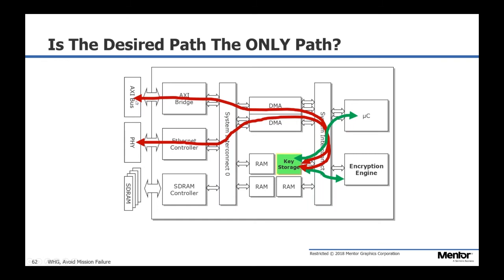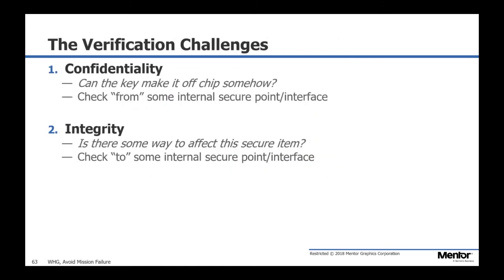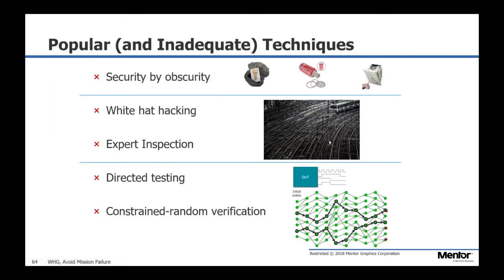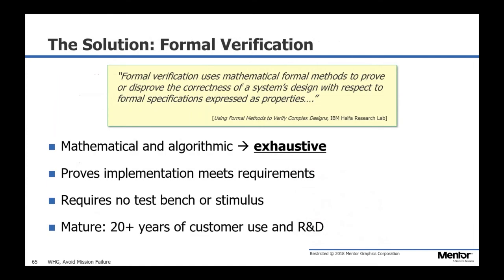In this case, it's discovered that through my AXI bus there is a backdoor path to get access to those encryption keys. And also maybe through my PHY, through my Ethernet, there's another path where I could even read and write those. So SecureCheck is all about declaring the legal paths and then making sure there is no way for any other process to get a hold of my protected data in my system.